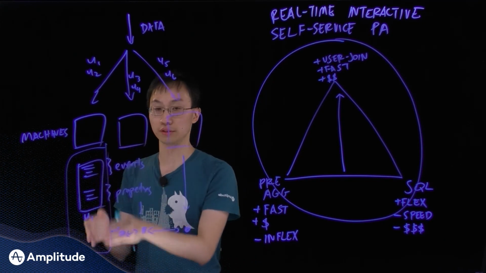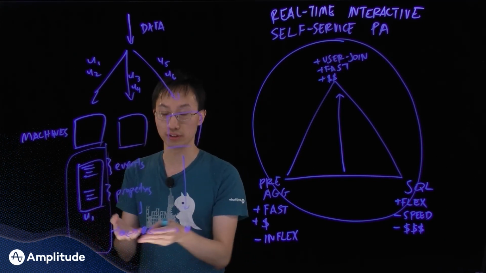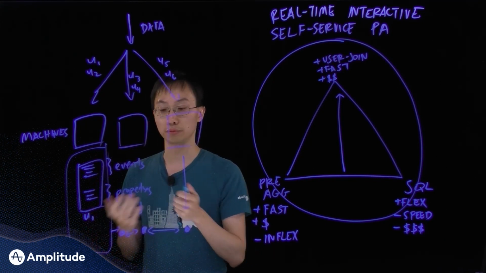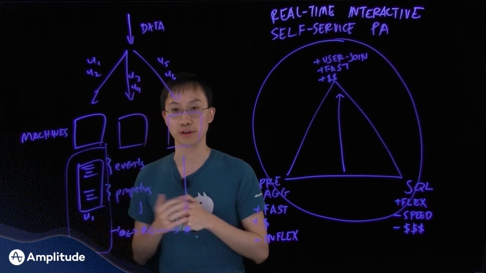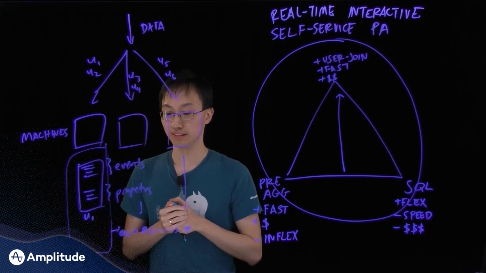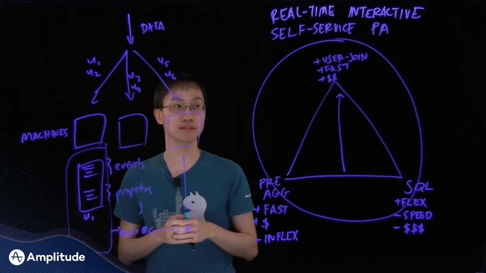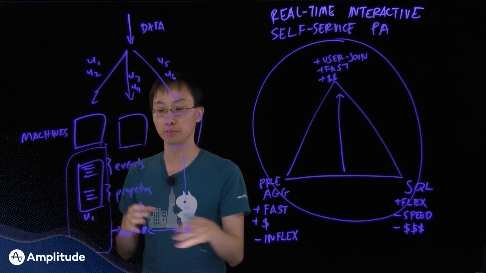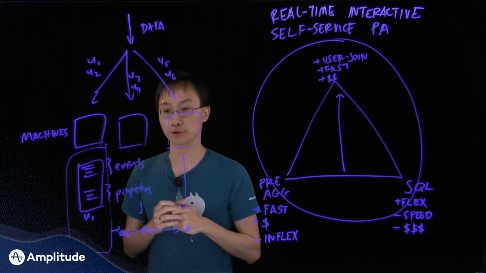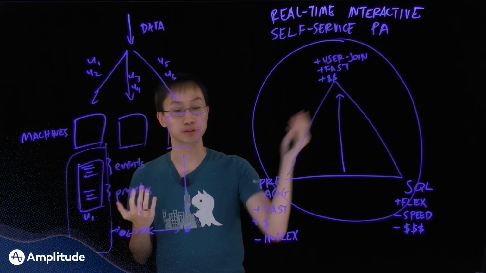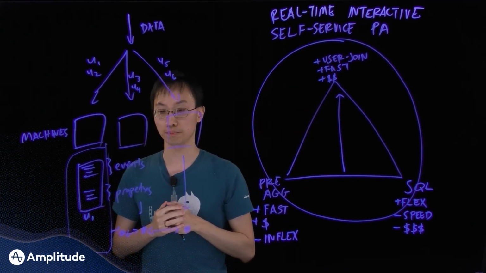That means you can do those really fast and in parallel, and then coordinate a little amount of information, and then result in the query that you want. So everything that goes into this system is designed to enable these really flexible user join type queries that enable, again, real-time interactive self-service product analytics.